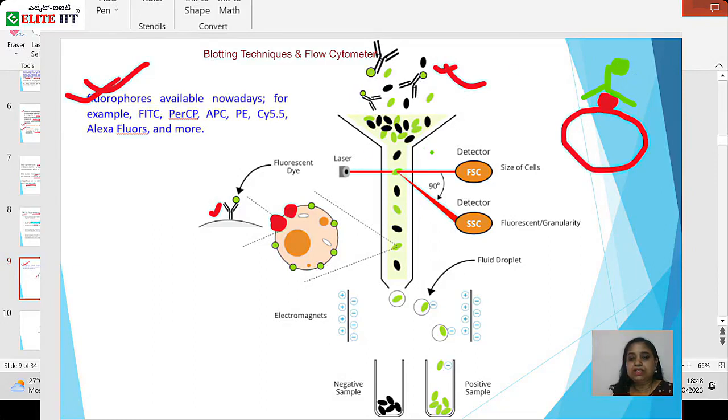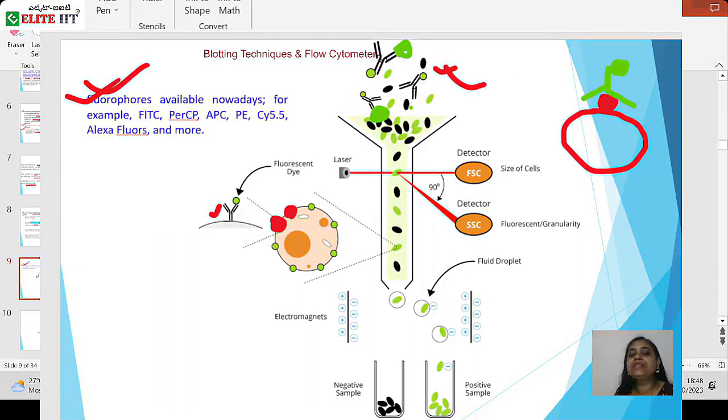An oval shape is given, I think, but in this figure antibody-antigen binding is not happening. So the green color should bind here, no? At the antibody region here, it should bind here, right? If the antigens are oval shaped, it should bind here. Now here, I think in this molecule also there should be an antibody attached.